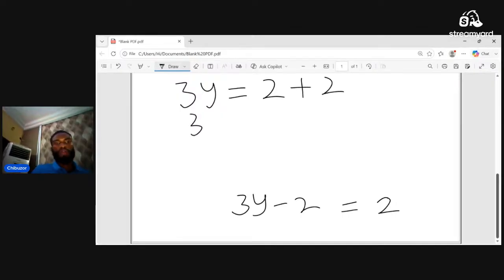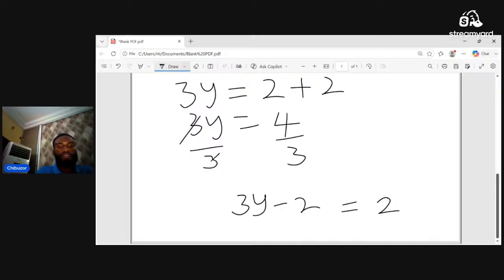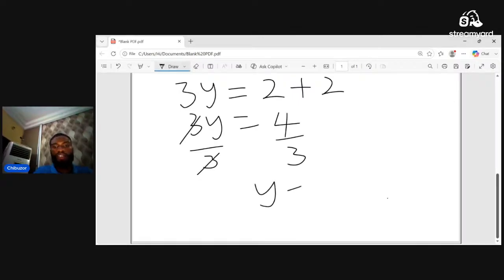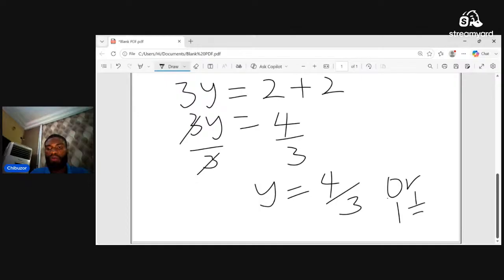That will now be 3y is equal to 2 plus 2 is 4. Divide both sides by 3. Divide this by 3. Divide this by 3. Then you cancel out 3 and 3. You'll be left with y is equal to 4 over 3, or one whole number 1 over 3.